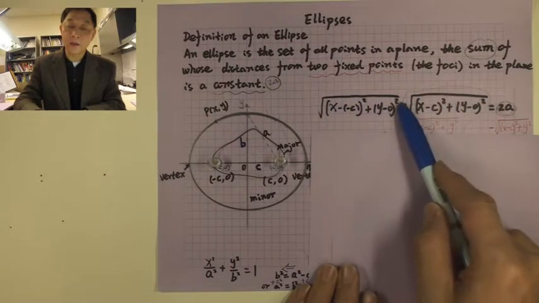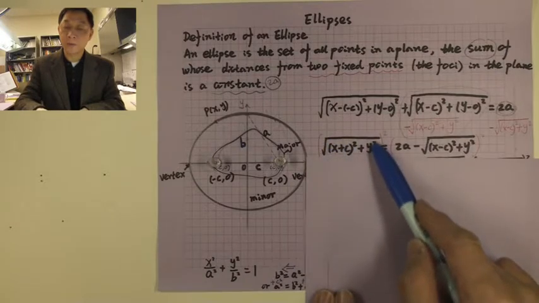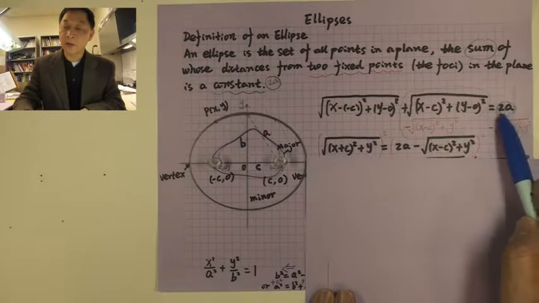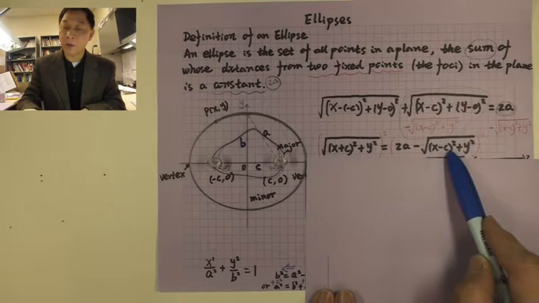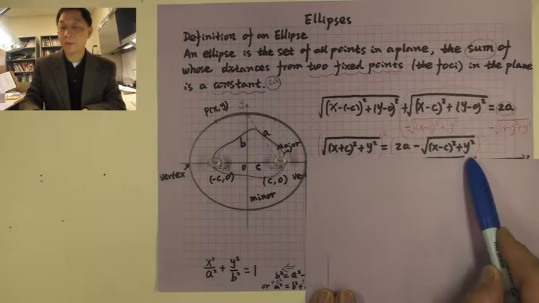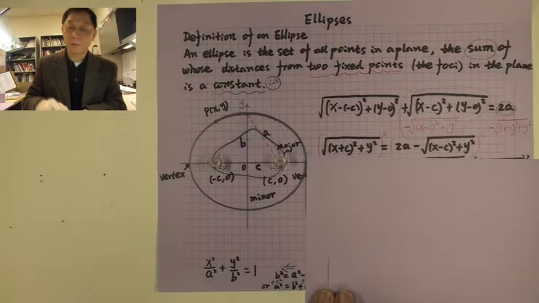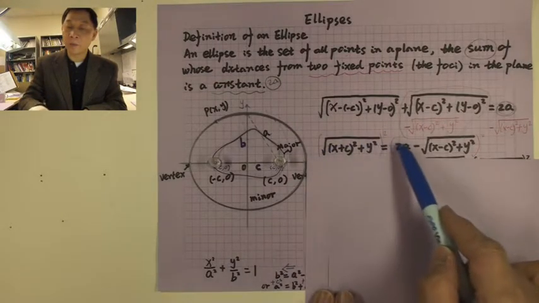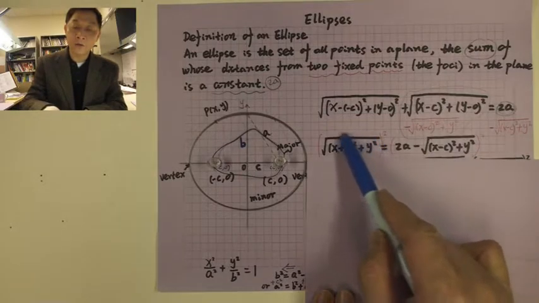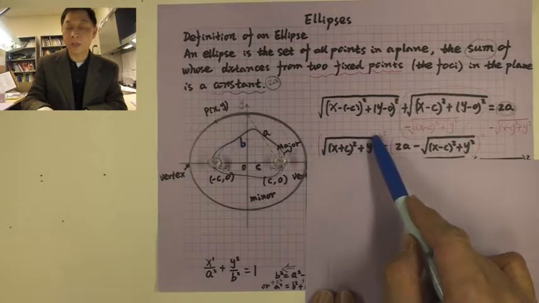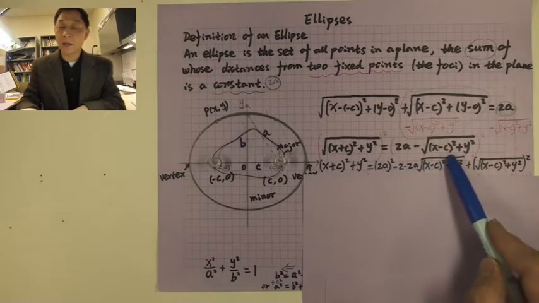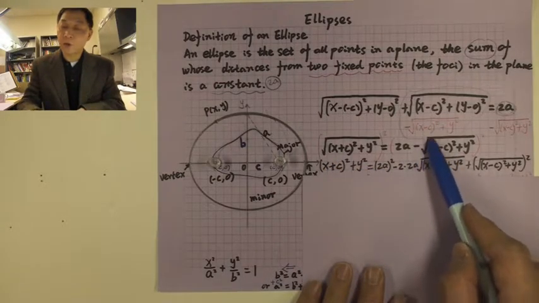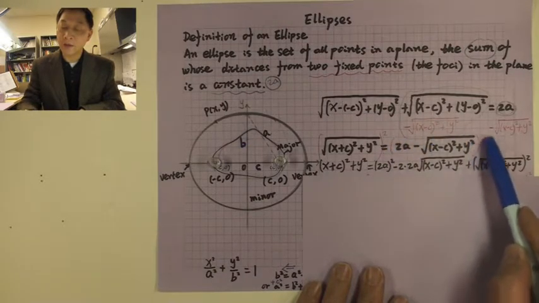The left hand side has this one left over. The right hand side is 2a minus this quantity, square root of x minus c squared plus y squared. Then you can square both sides to get rid of this square root sign.